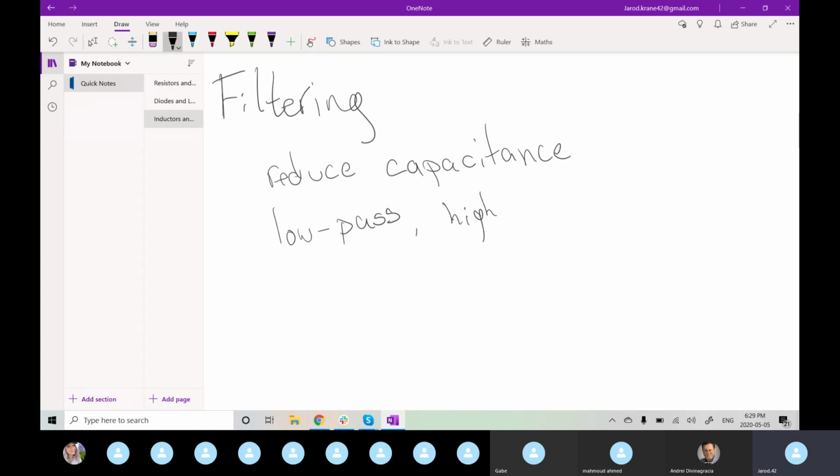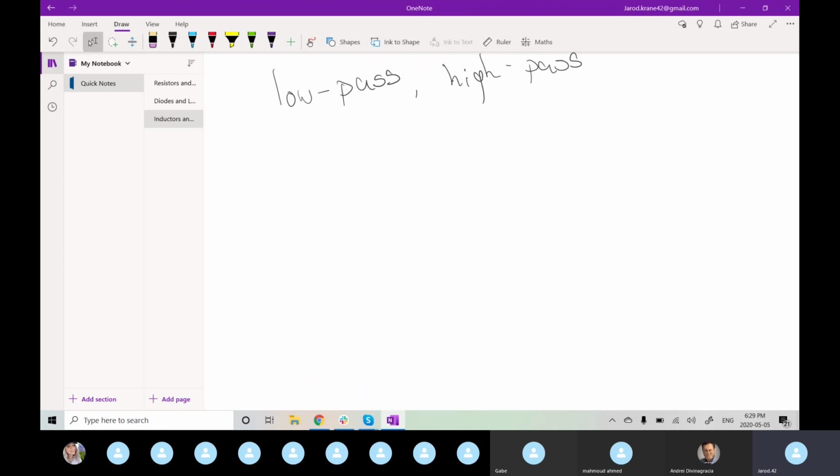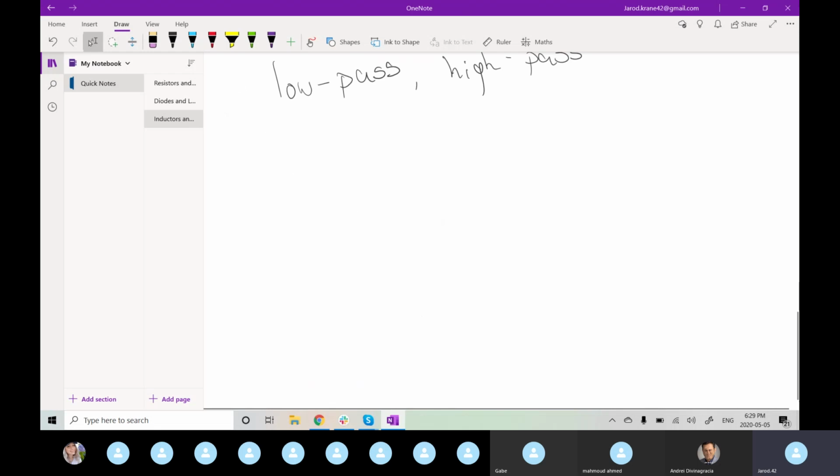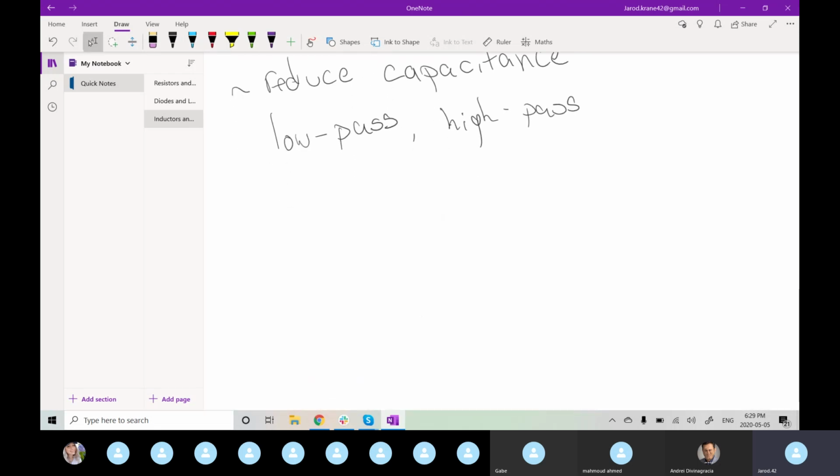But again, I'll touch on these next week because I think that's what the plan is. Now, the other kind of filter that ties in with reducing capacitance is the common mode choke.